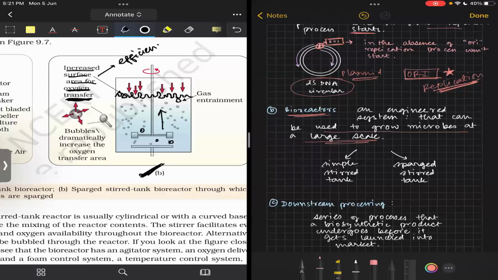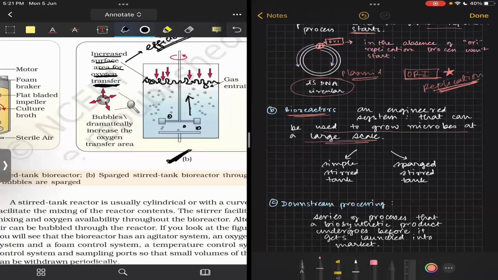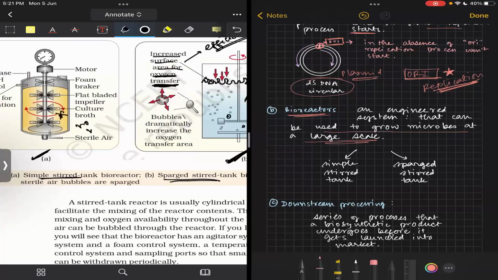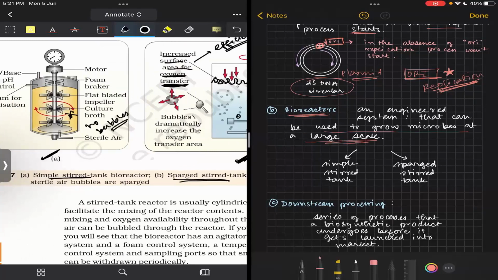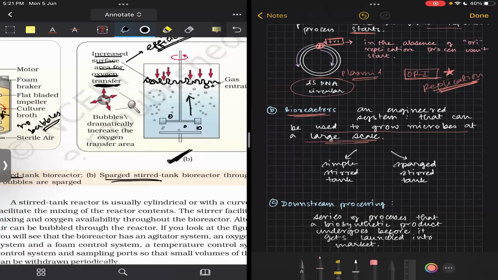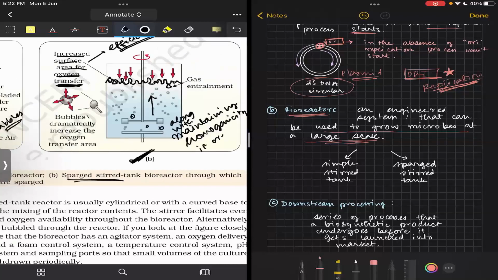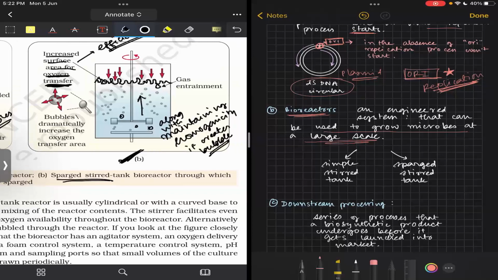In simple stirred tank, there are no bubbles to maintain its homogeneity. But in sparge stirred tank, along with maintaining homogeneity, it creates bubbles that increase surface area for gaseous exchange, thus making it more efficient.